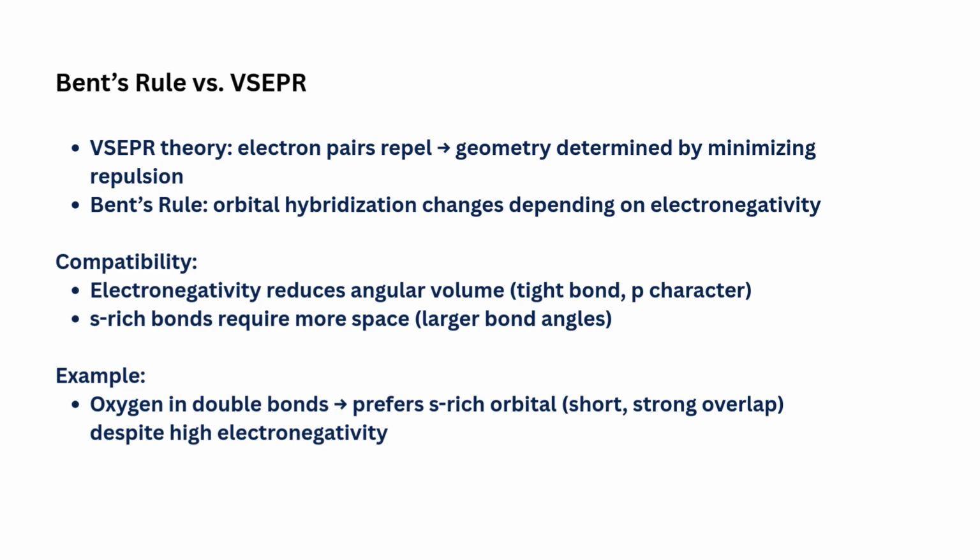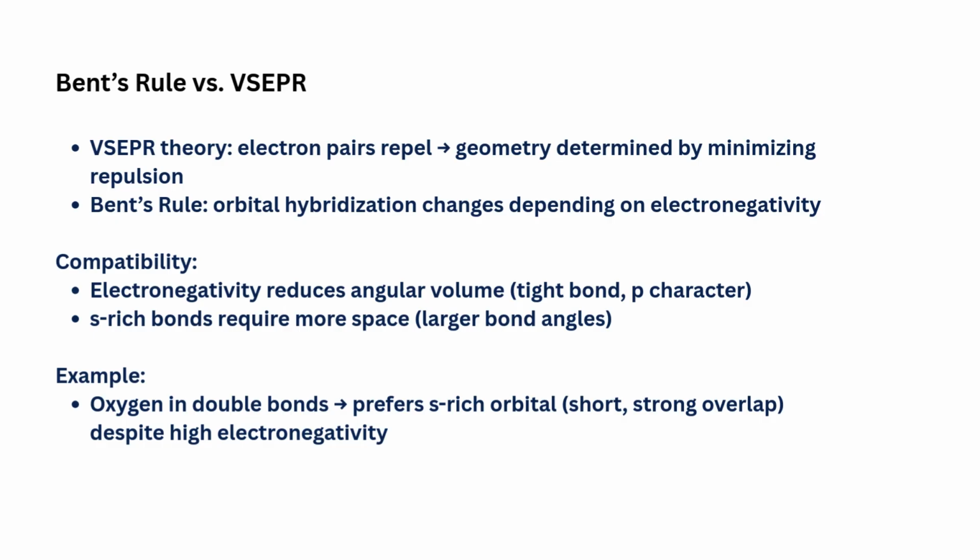Next is Bent's rule in comparison to valence shell electron pair repulsion theory. We know that VSEPR theory explains molecular geometry simply by saying that electron pairs repel each other and arrange themselves to minimize repulsions. However, Bent's rule adds another thing.